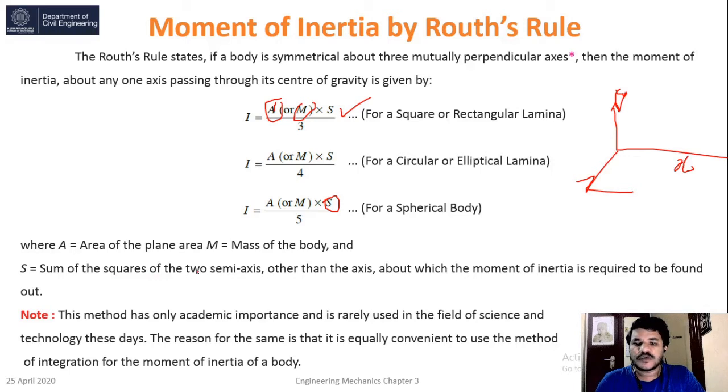That is the sum of squares of the 2 semi-axes other than the axis about which the moment of inertia is required to be found. That is the meaning of S. Suppose I am considering the Y axis, you need to sum the other 2 axes, that is X and Z axis. That is the meaning of this term S.